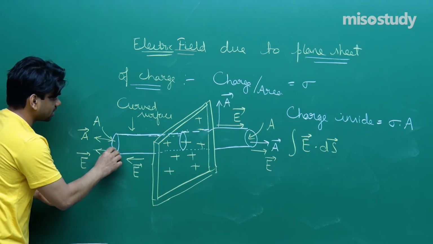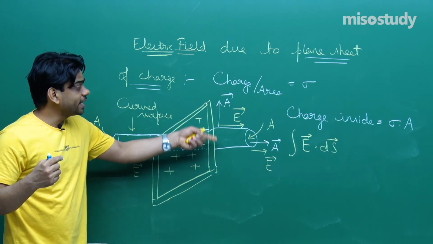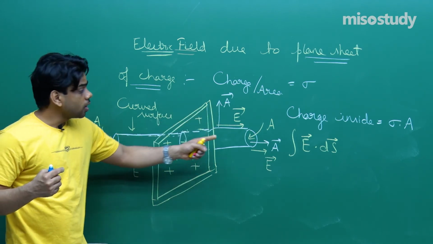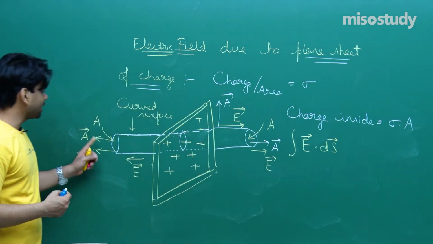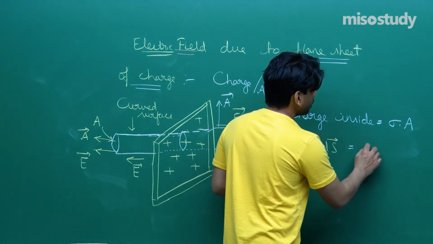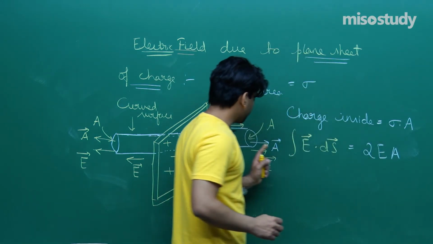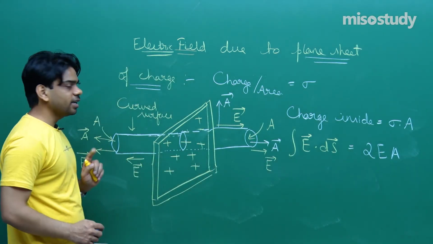So E dot ds: you have to take 0 for the curved surface, but for this plane circular surface, this side and this side, E dot A will come out to be 2E into A. Electric field at this distance will be the same, E and E at both sides.